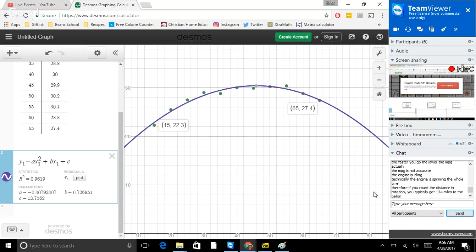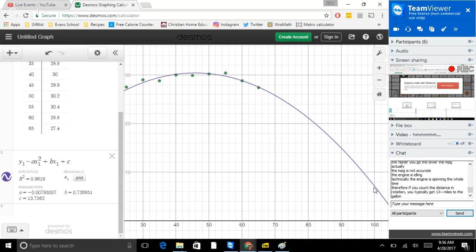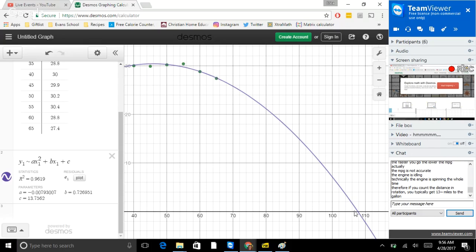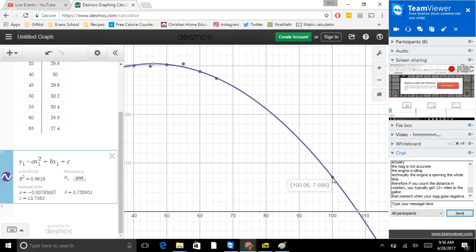But when I go out here and ask what my miles per gallon is when I have a really fast car and I am somewhere on the Autobahn, going 100 miles per hour, I'm probably going to get better than 7 miles per gallon.